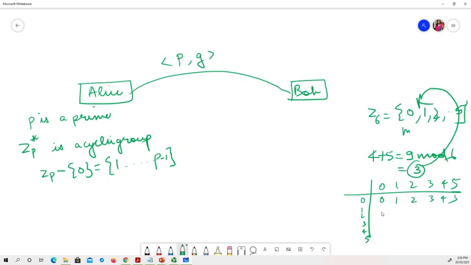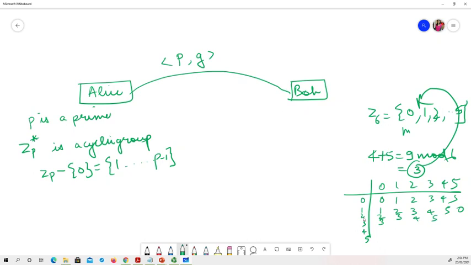If I add 1 plus 0, which is 1, 1 plus 1 which is 2, 2 plus 1 which is 3, then 4, then 5, and then 0. Let's suppose this is 3 plus 0 is 3, sorry, this is 2, then again it is 3, 4, 5.